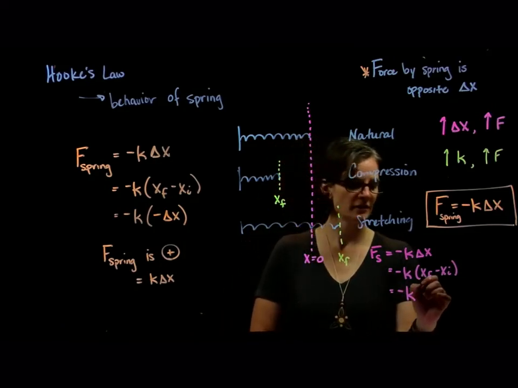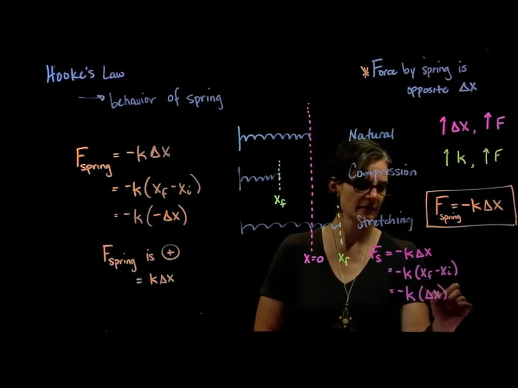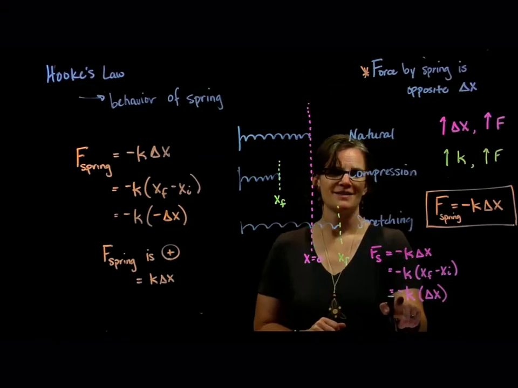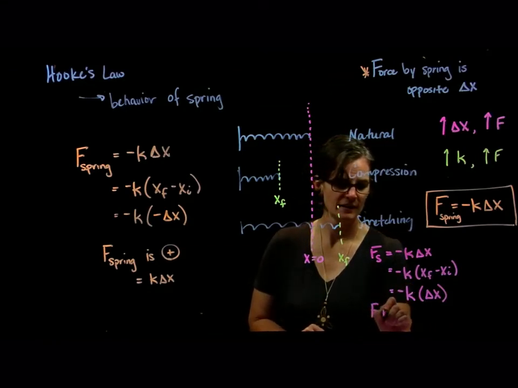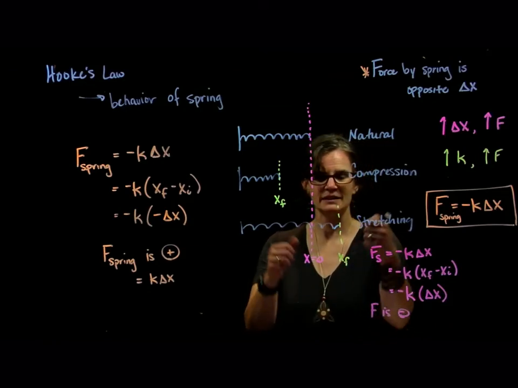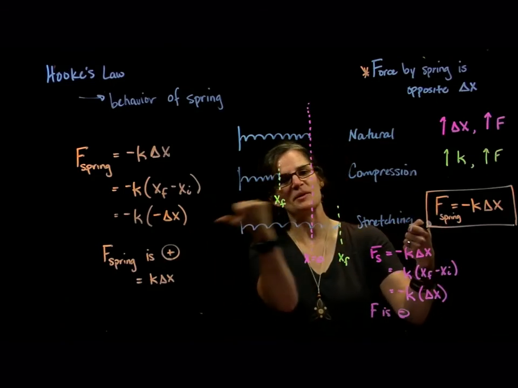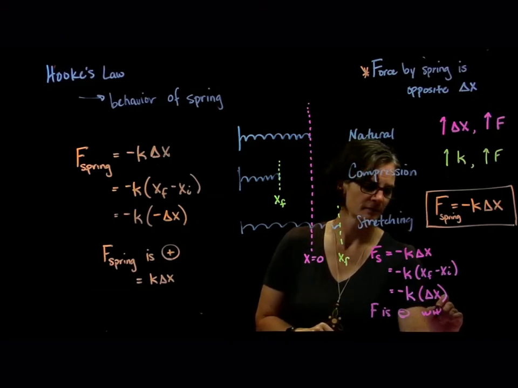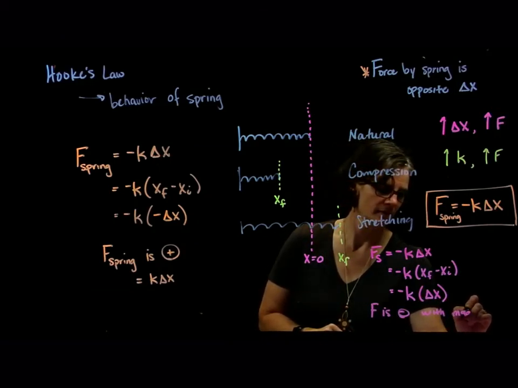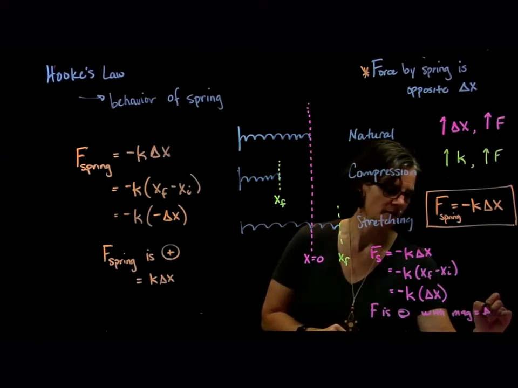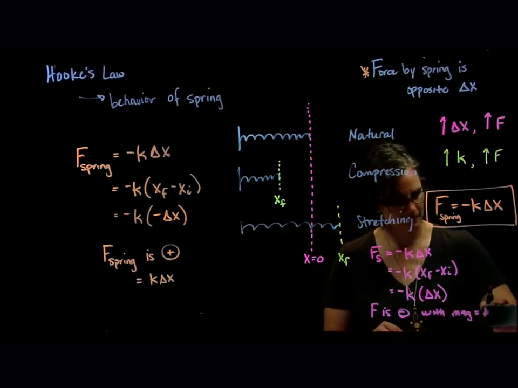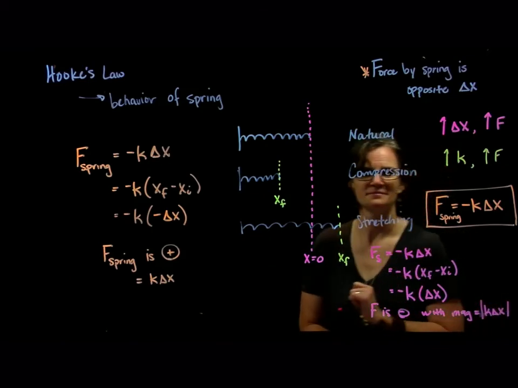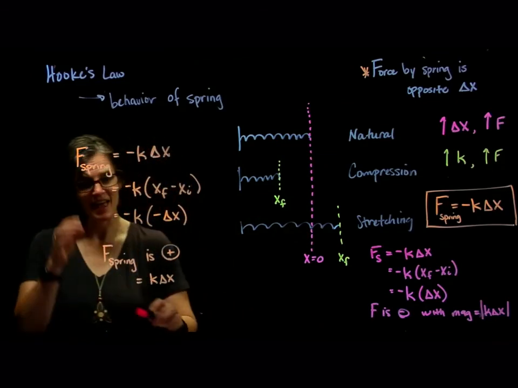Positive minus 0 gives me a positive delta X. This tells me that the force is negative, and indeed, in this example, it's pulling to the left with magnitude equal to K delta X. So Hooke's law gives us that direction.